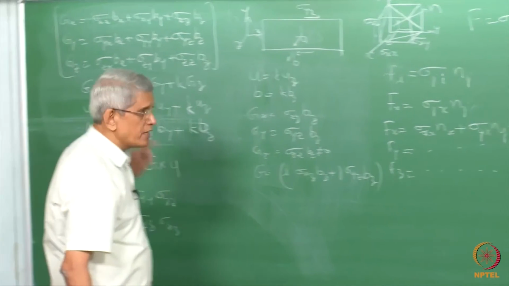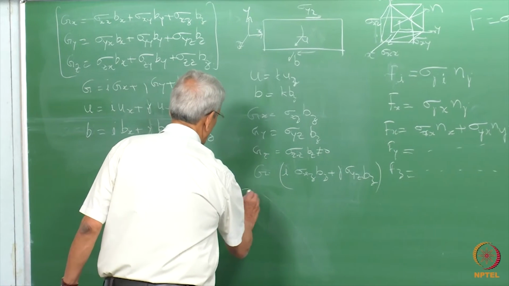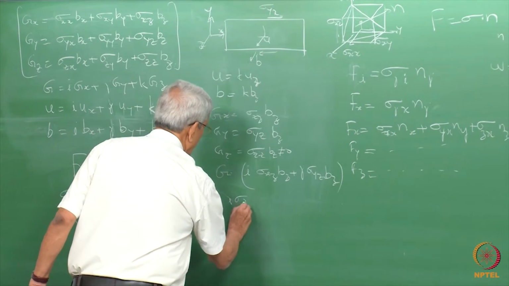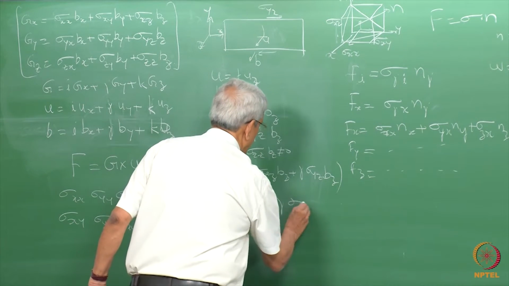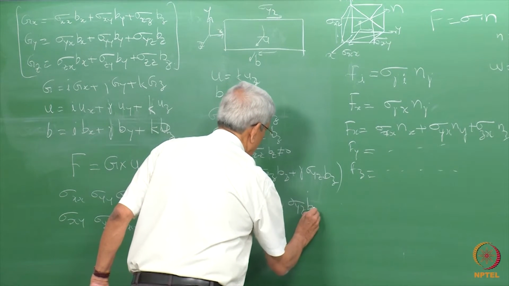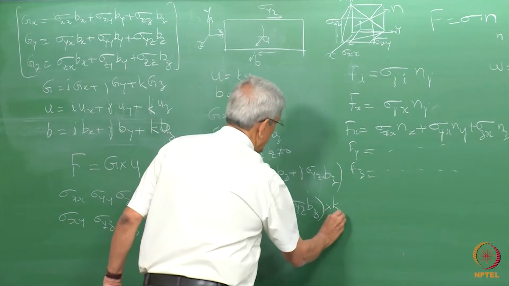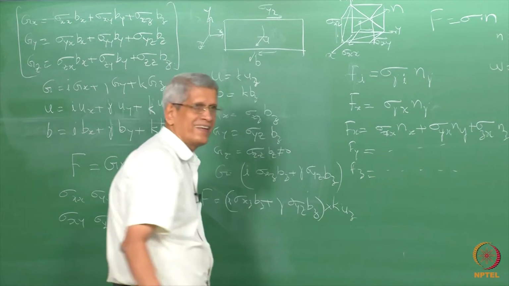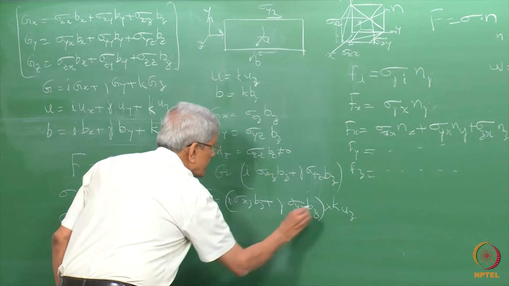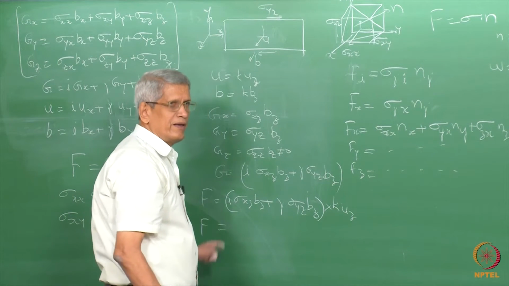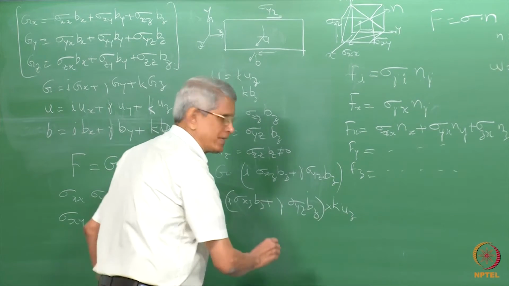So what is the direction in which the force is going to operate? This is G cross U. So that will become Bz cross U is K into Uz, correct. Finally this expression will turn out to be I cross j will be minus j cross k will be I, correct?